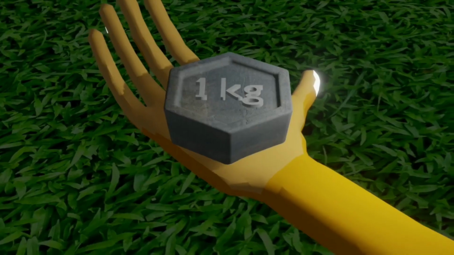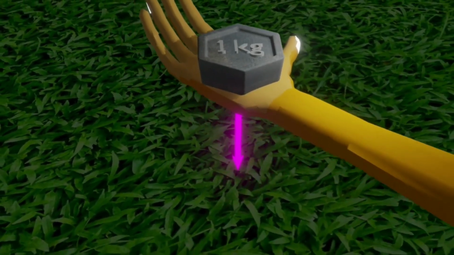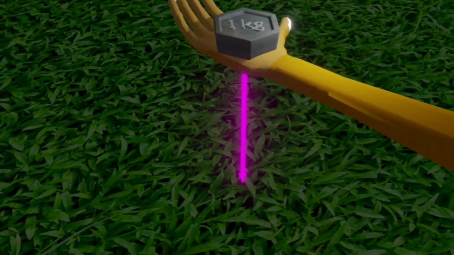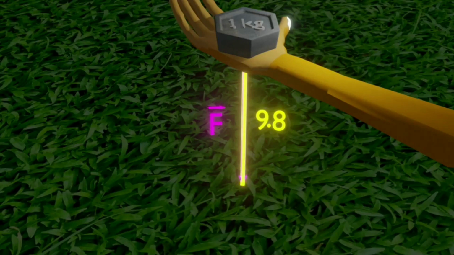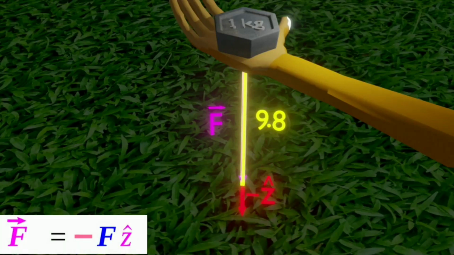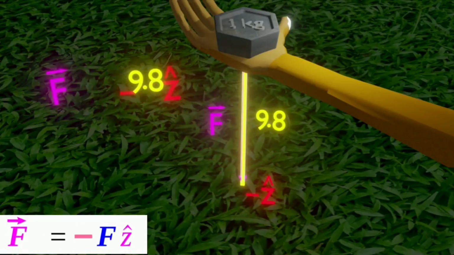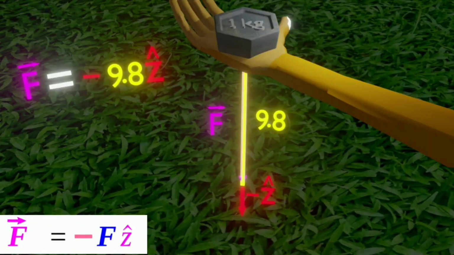For example, let the gravitational force acting on a 1 kilogram object be F. This vector, F, has two parts. First one is its value, or magnitude, which is about 9.8 Newton. And the second one is its direction, which is downwards, or towards minus cap z direction.